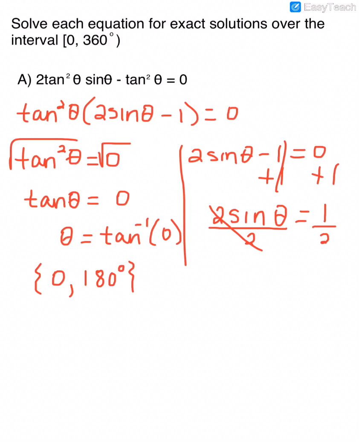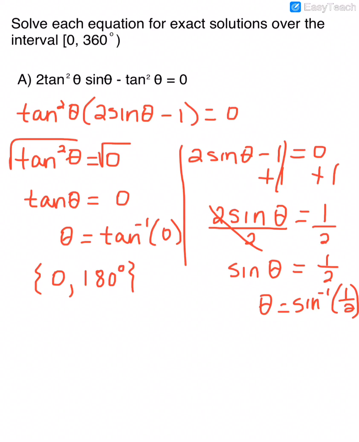And I have sine of theta equals 1/2. I take the sine inverse of both sides, and I get theta is equal to sine inverse of 1/2. Okay, so the angles where sine is 1/2 are at 30 degrees and 150 degrees.